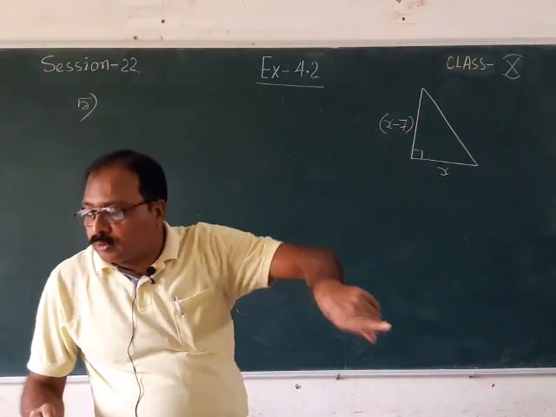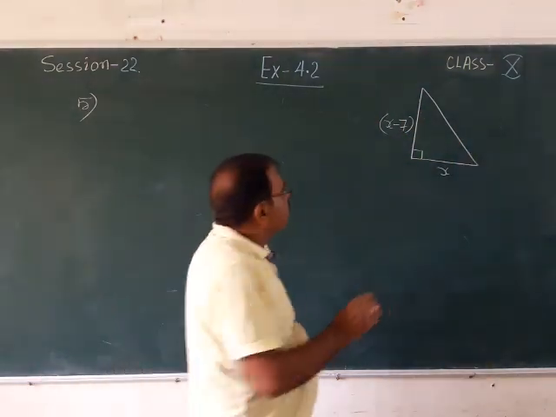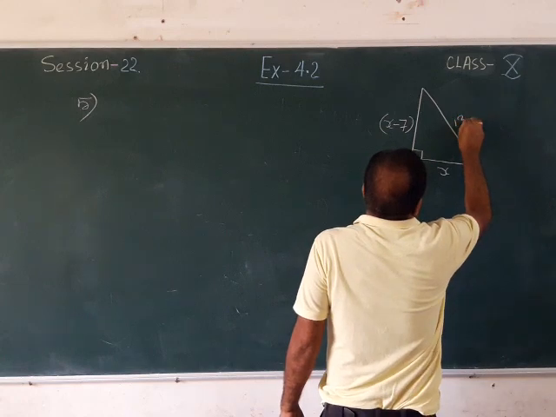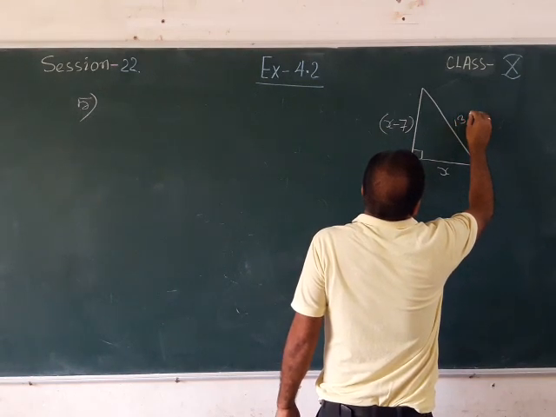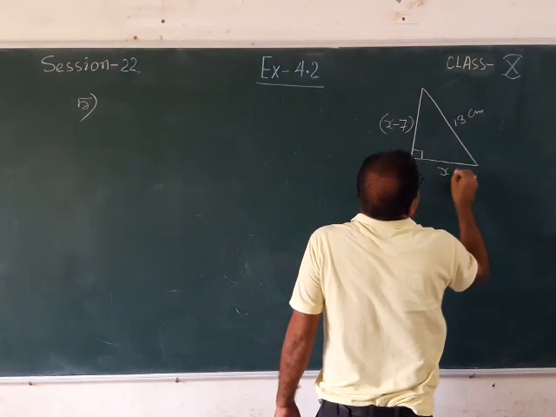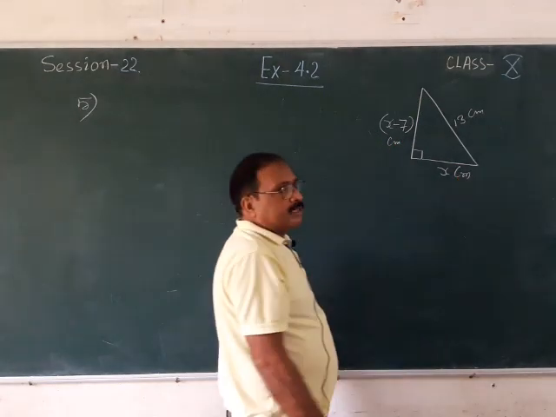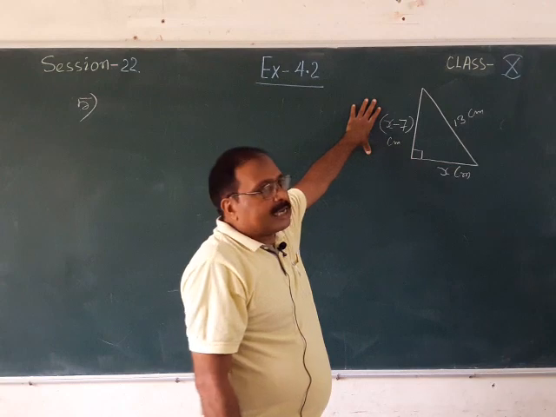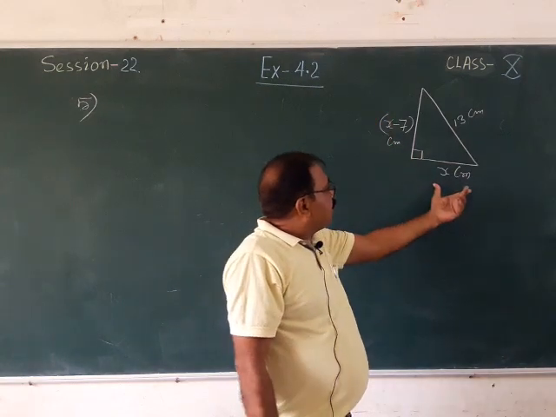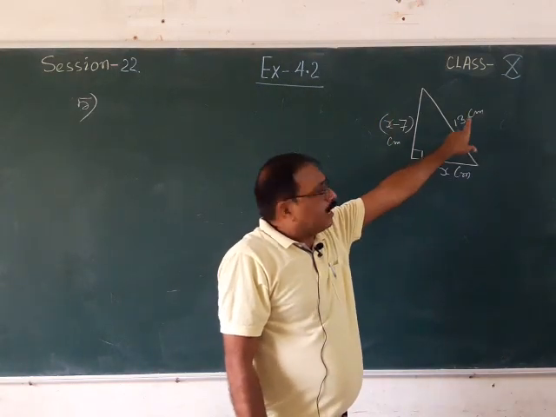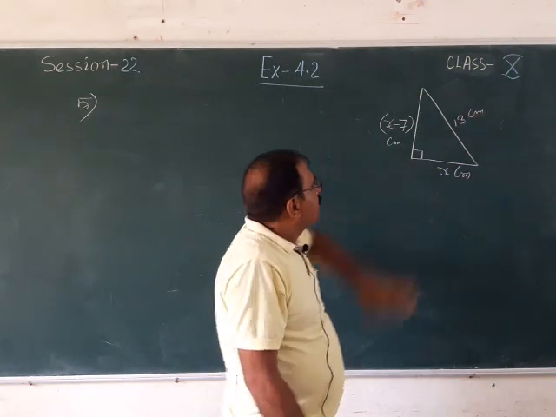And it is also given that hypotenuse is 13 centimeter. So this is the hypotenuse. All the measurements are in centimeter, so you can write centimeter here and there. So altitude is x minus 7 centimeter, base is x centimeter, and the hypotenuse is 13 centimeter.